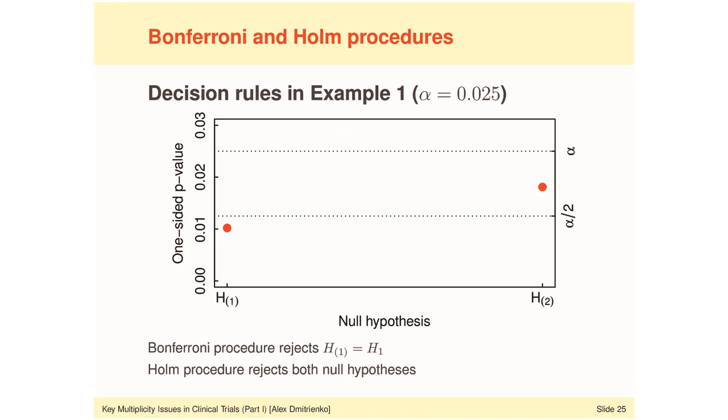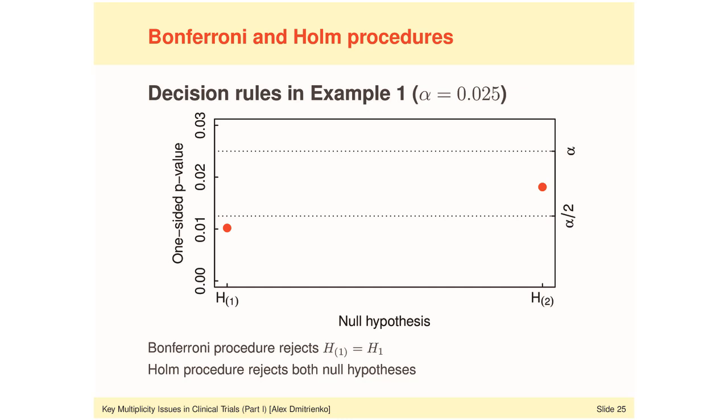The plot on slide 25 provides a visual summary of the decision rules that we defined on slide 24. As before, we have 2 null hypotheses and 2 p-values, and those p-values are represented again using orange dots. As you can see, the null hypotheses on the horizontal axis in this plot are ordered in terms of the p-values.